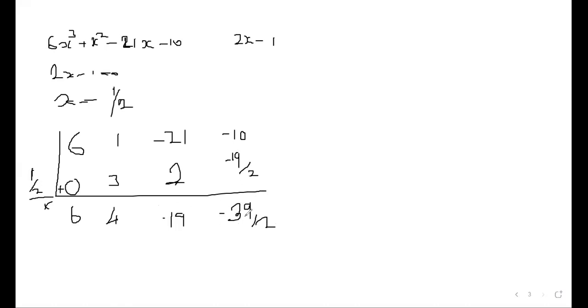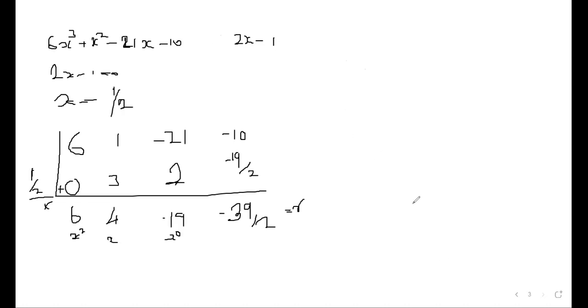So this is actually the remainder in this case, because this would be the coefficient of the lower degree polynomial, which is x to the power 2. This would be the coefficient of x, and this would be the coefficient of x to the power 0, which is just a constant, and this is equal to r, the remainder.